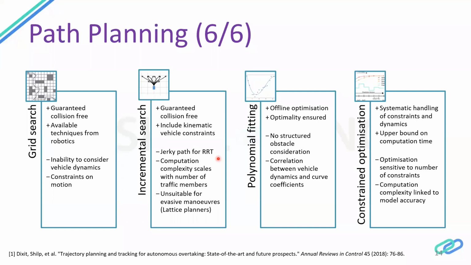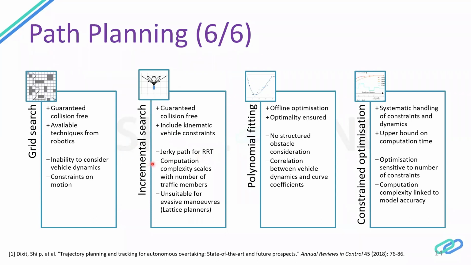If the vehicle tries to actually follow this path, the motion will be very jerky, and it will not be comfortable for the vehicle. So it cannot really be applied to a real world vehicle. You need another set of processing to ensure that the path is smoothened.